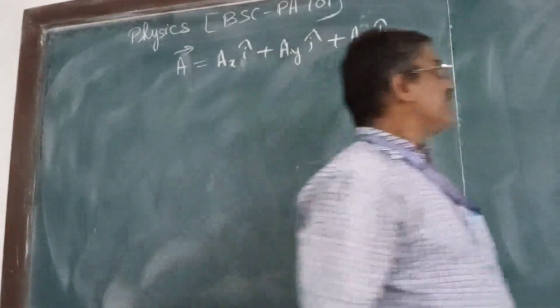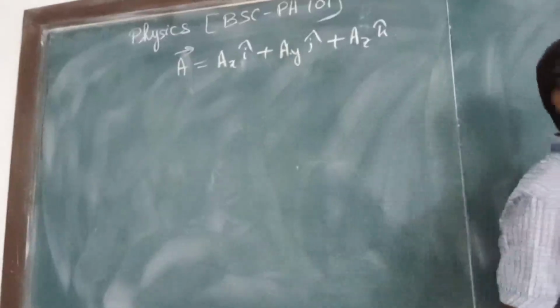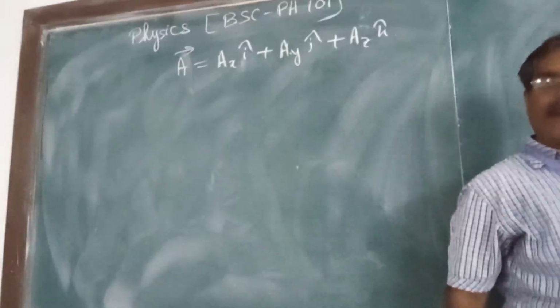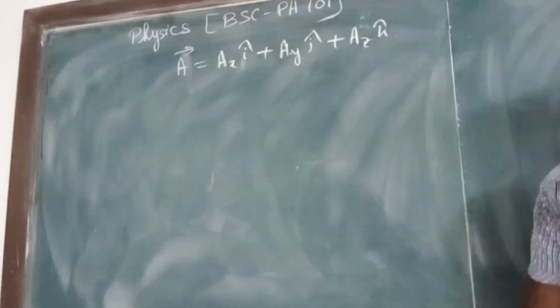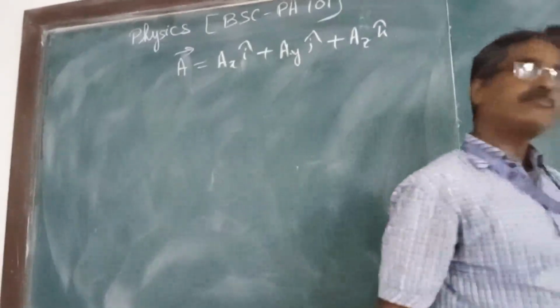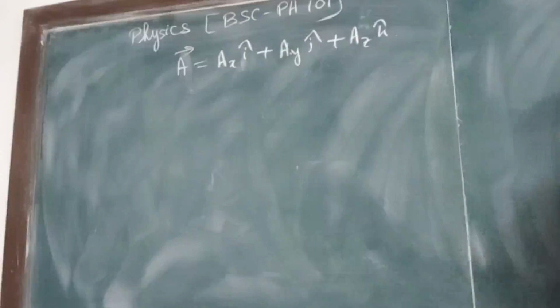Then this is the AX. How do we get it? We take the projection of the vector A in the xy plane, and if you draw a perpendicular from here to here, then this is AX. If you draw a perpendicular from here to the y axis, that is AY, and if you draw a perpendicular from here to here, that is the AZ.